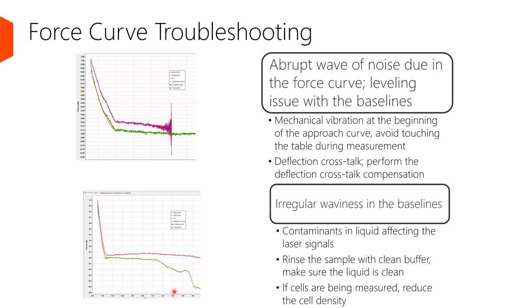If we are doing cell measurement, sometimes if the cell density is too high, the cells release some floating stuff into the buffer. In that scenario, we can reduce the cell density a little bit. It might help.